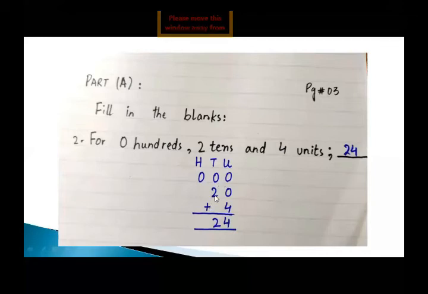Then 0 tens means 0 0, and 5 units. Here you write 5. So what's your answer? 505. Okay, in this way you will solve this exercise. If you have any confusion or any question regarding this part, you will ask me in the chat box after the lecture ends.